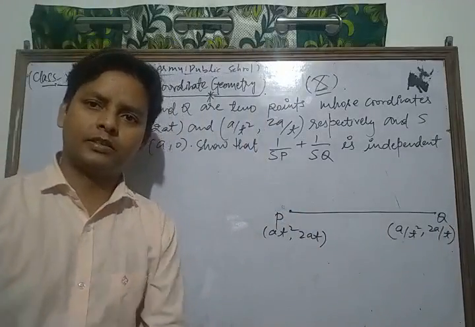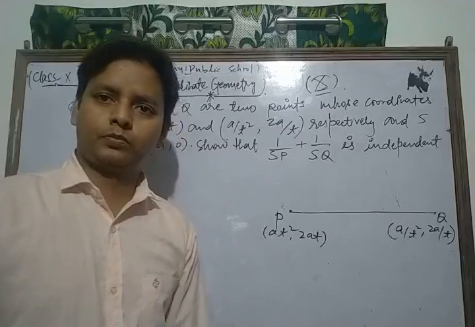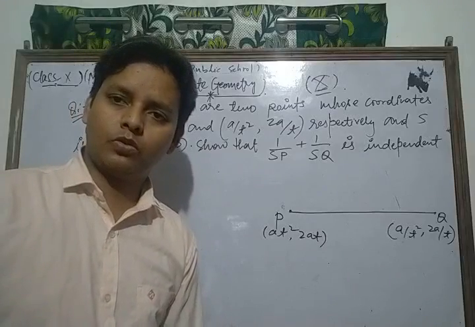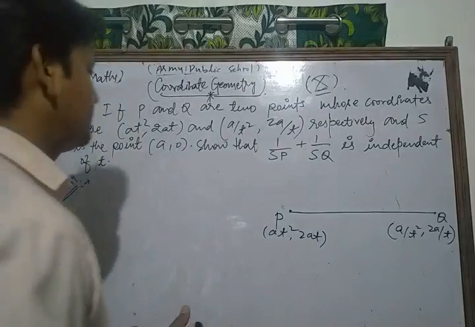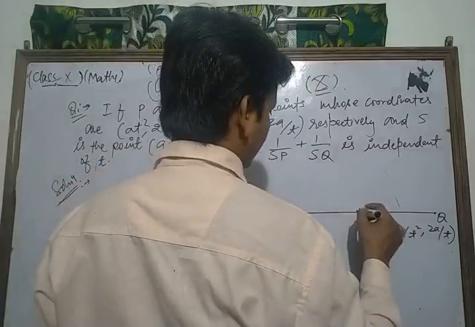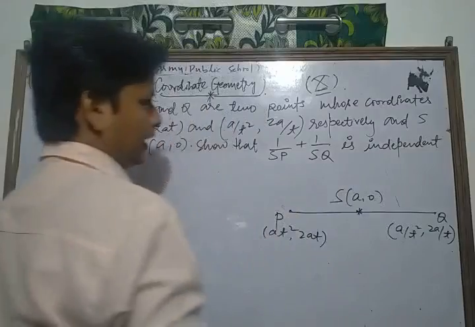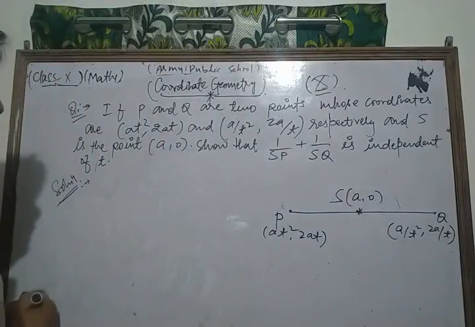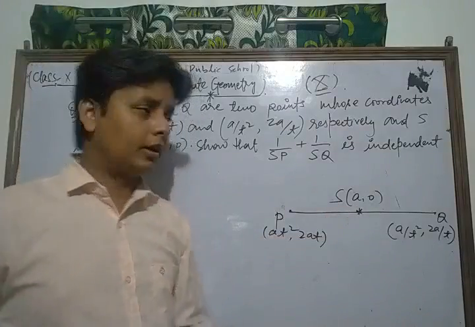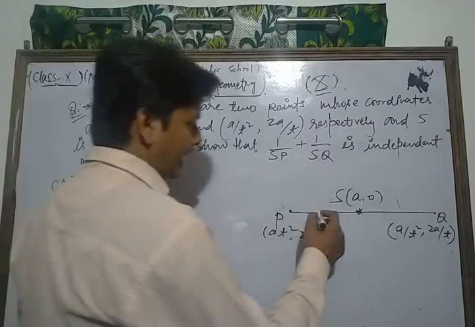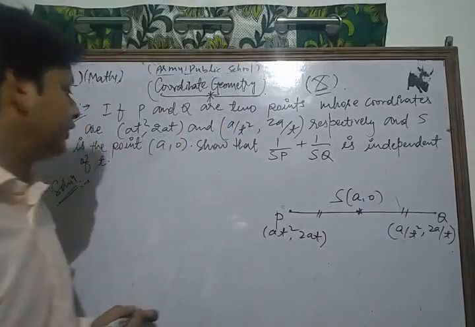These are the coordinates of P and Q. Now here S is any point, and the coordinate of S is (a, 0). We have to show that 1 upon SP plus 1 upon SQ is independent of t.